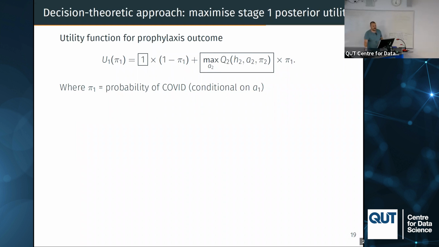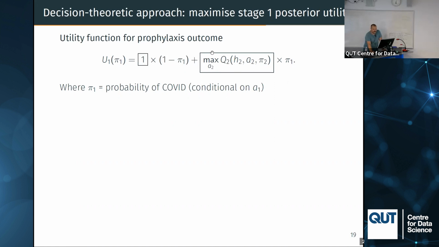And then we have to put together a utility function for the prophylaxis outcome. So it's similar to what we have in the second stage. We have the utility of 1, the utility of not having COVID at all, weighted by the probability of not having COVID.